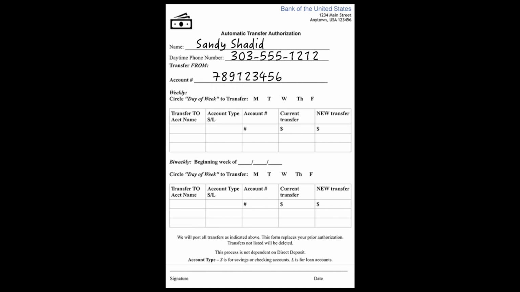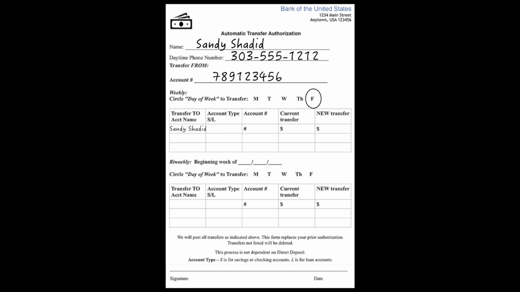Because Sandy wants to transfer money every week, she will fill out the top block. She must decide which day she wants the money to be transferred. She is paid every Friday, so she has money transferred on Fridays. She circles the F for Friday. In the first column, she writes her own name because she is transferring money from one of her accounts to another account she owns.